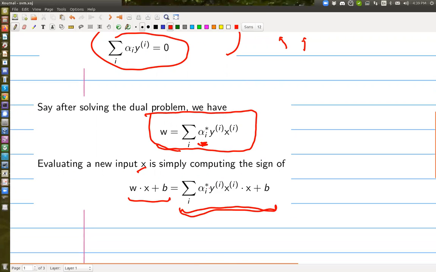Basically, you go over all the support vectors here, because only the support vectors have non-zero alpha i's. Then you compute this thing literally. Note that the label is a scalar, this is a vector, this is a vector, and this is an inner product here, right? The inner product, and then add B.